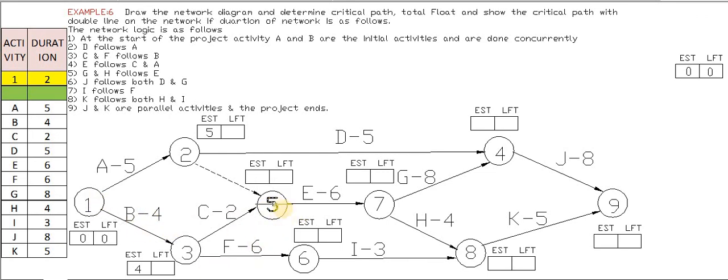We will take the maximum value. 1, 2, 5 is 5 plus 0, that is 5. For 1, 3, 5, we calculated 4 earlier, and 4 plus 2 is 6. Out of 5 and 6, 6 is the maximum, because the previous EST is 4 and the duration for this activity is 2. So we take this as 6. We will copy this and change it to 6.